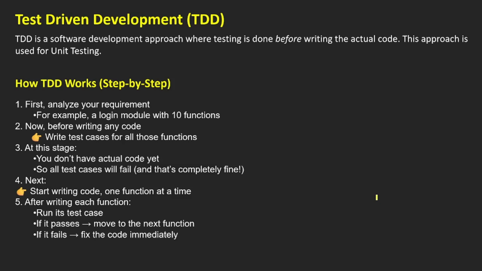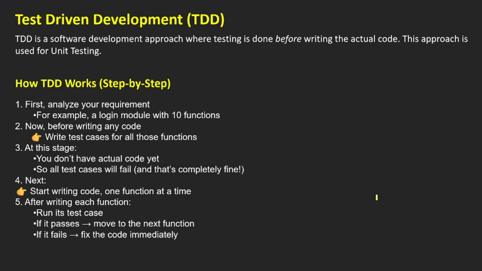So if you make certain changes in one of the functions, it can have an impact on other functions also. This makes debugging more complex and time consuming because you will have to go through your other functions also to find out if they are working correctly or not. So this is the problem with the traditional approach.